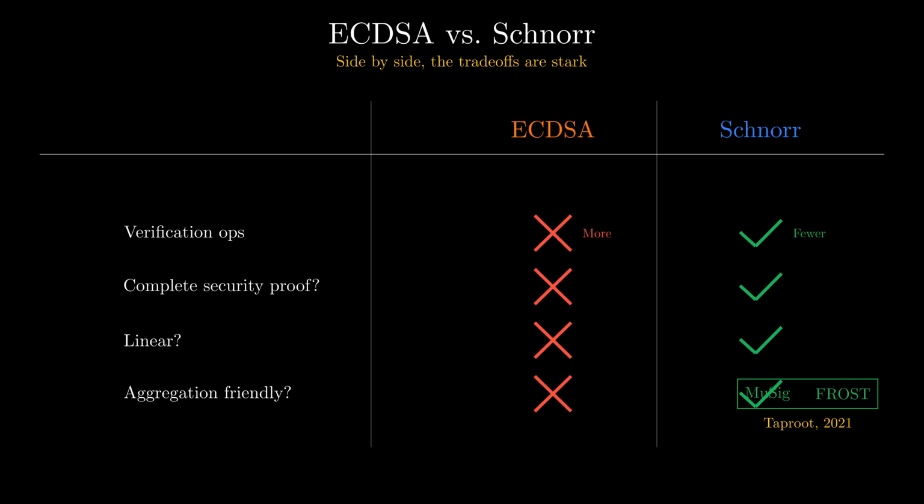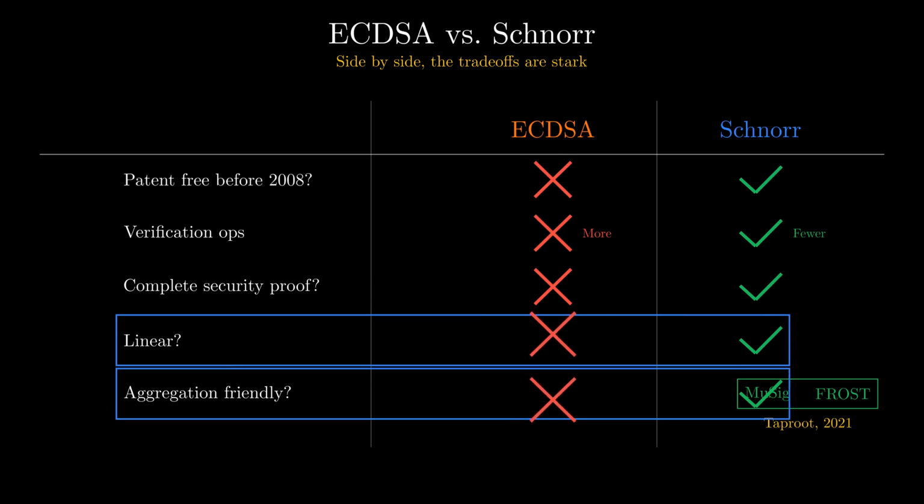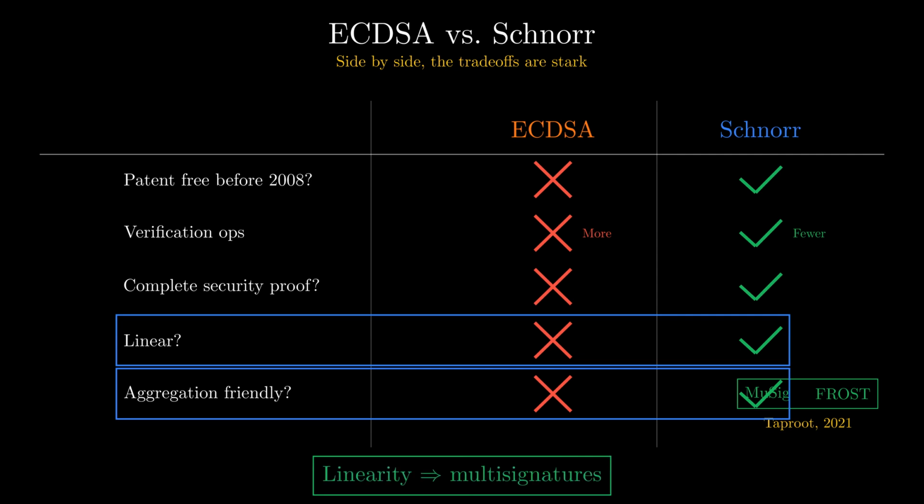This nonlinearity matters. People often assume ECDSA and Schnorr are interchangeable. They're not. The linearity of Schnorr lets multiple signers collapse into a single signature. ECDSA fundamentally cannot. That single property unlocks an entire class of multi-signature designs.